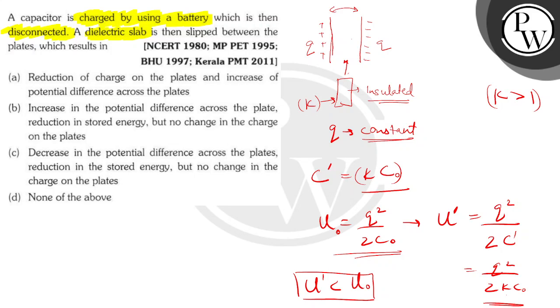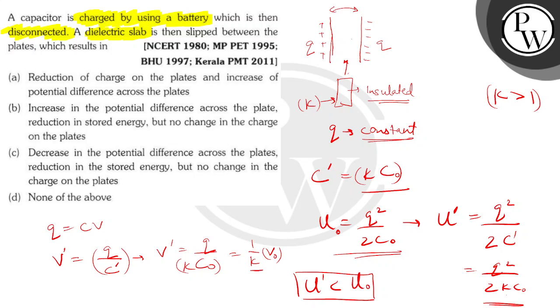Now the second thing we can say is Q is equal to CV, so the potential difference is nothing but Q divided by C. So V dash is equal to Q by C dash, which is Q by C naught times K. This can be written as 1 by K times the initial V naught.